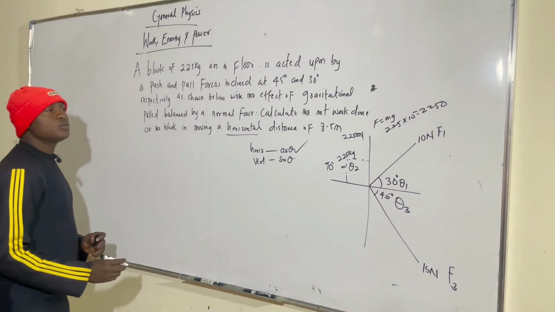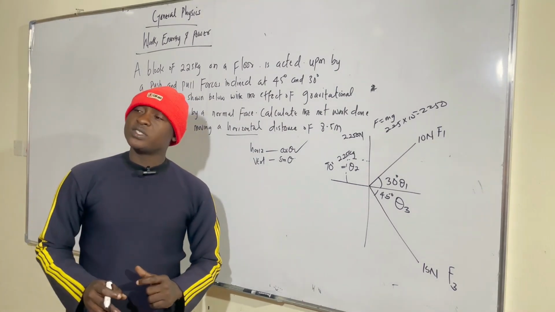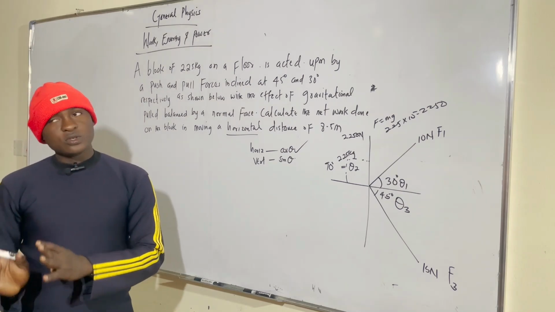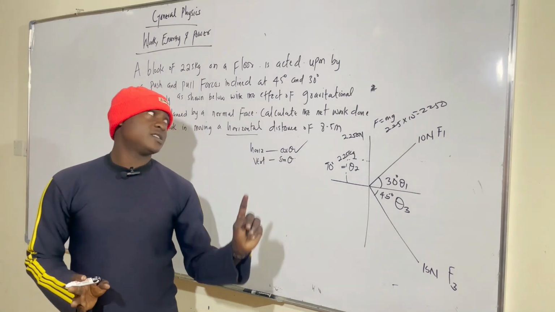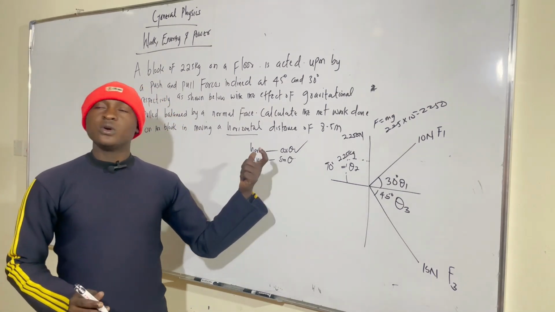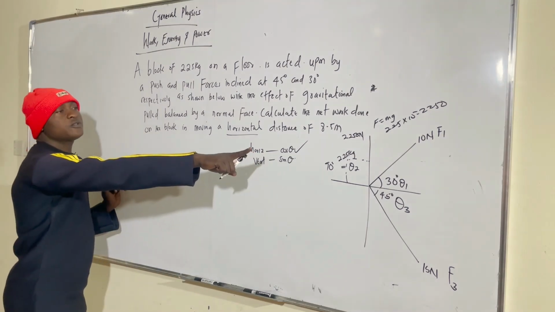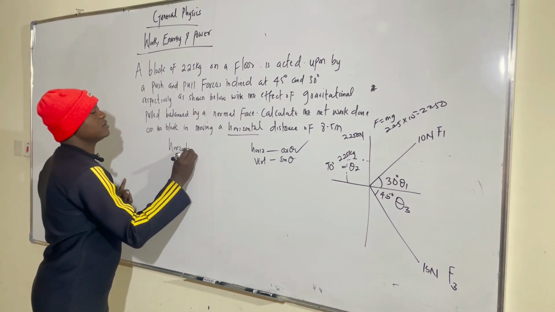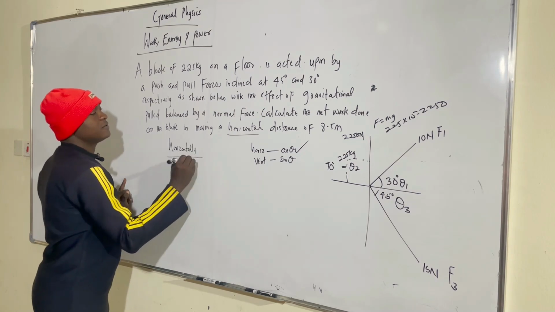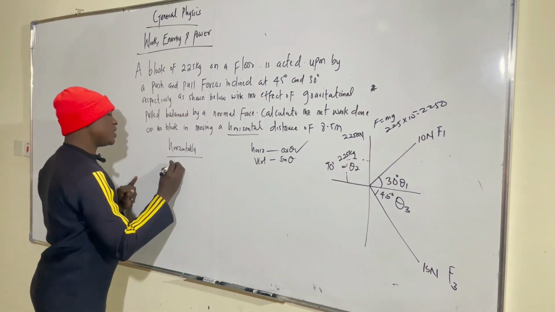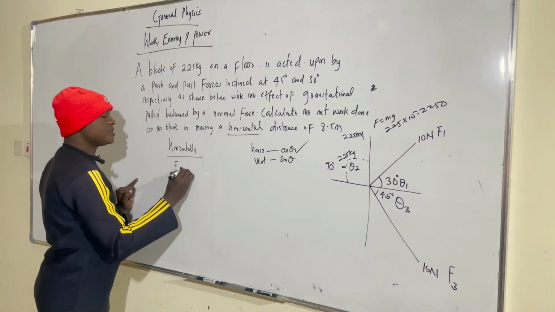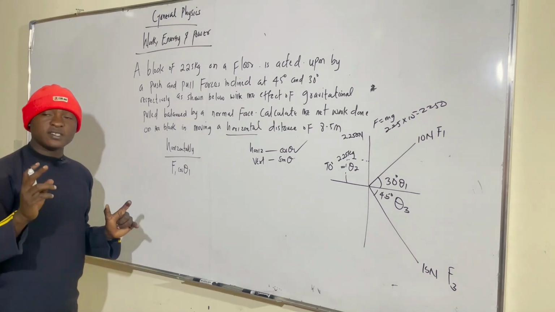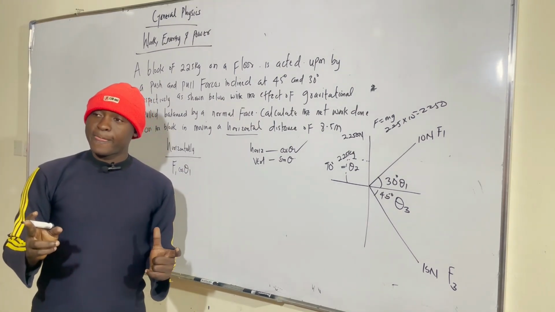Now, since we base on horizontal, that means I will go for horizontal. I don't need to go for vertical, since the problem has specified that we should go for horizontal. If I'm resolving all those forces horizontally, the first one, that's going to be F1 cos theta 1. If it is vertically, it's going to be what?